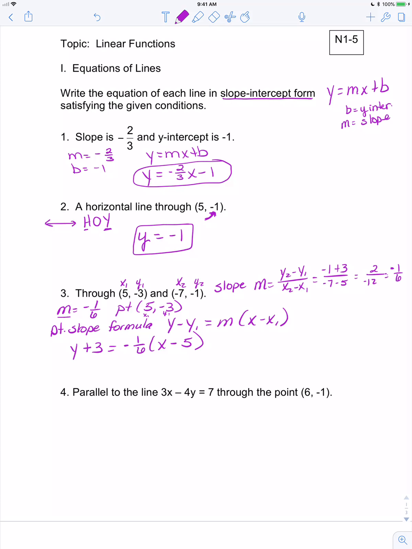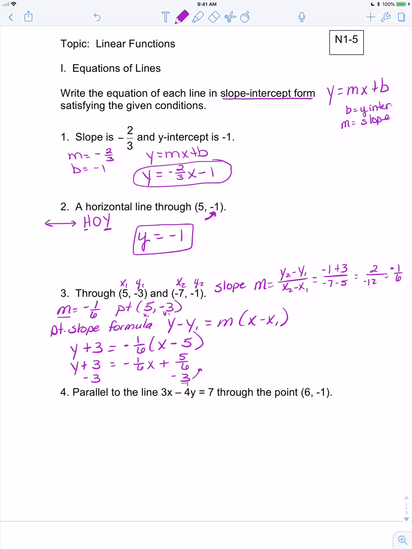Okay, and that's the equation in point slope form, but we want to put it in slope-intercept form, so we have to start solving for y here. Negative 1/6 x, that makes that plus 5/6. And then all we have to do is subtract our 3. Remember, if we're subtracting fractions, we've got to have a common denominator, so that's like 3/1.